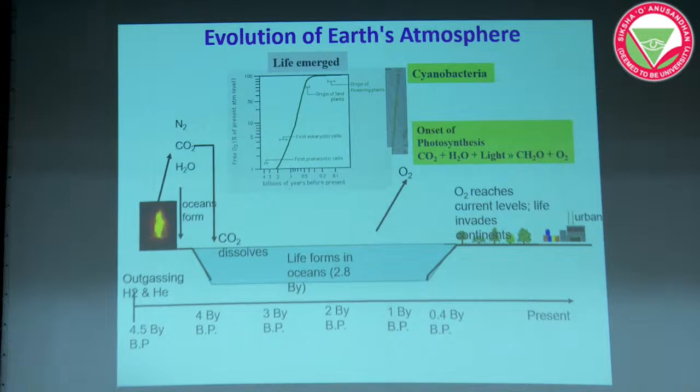When our Earth started cooling gradually, the water vapor cooled down and gave rain, and that rain went to low-lying areas, forming oceans, lakes, and so on. The first life came in the water about 2.8 billion years back, and the first life was the cyanobacteria.